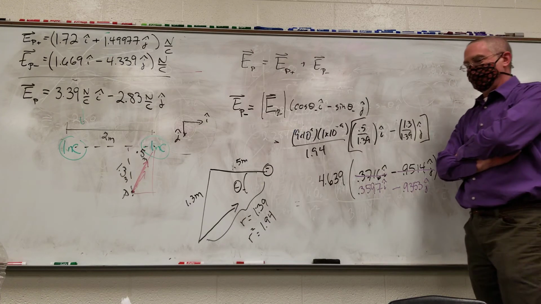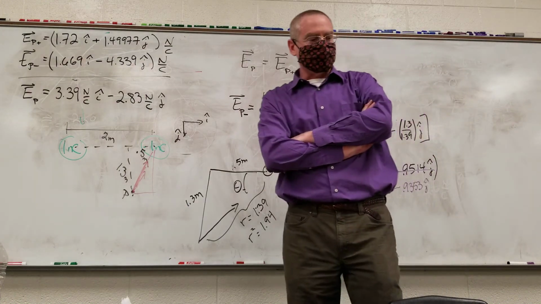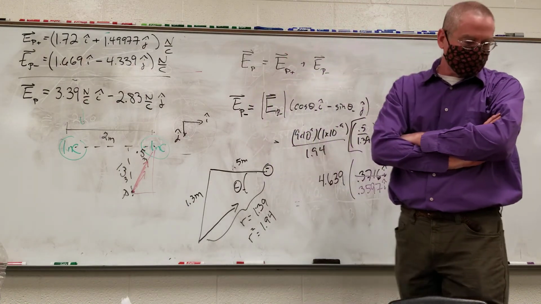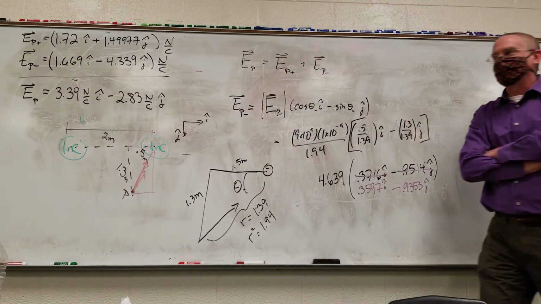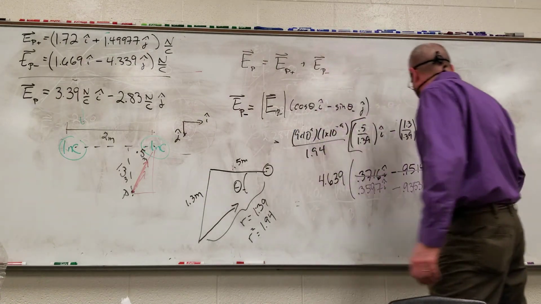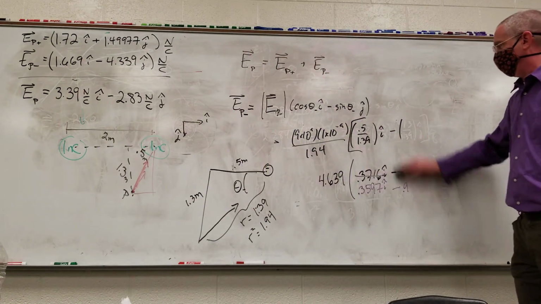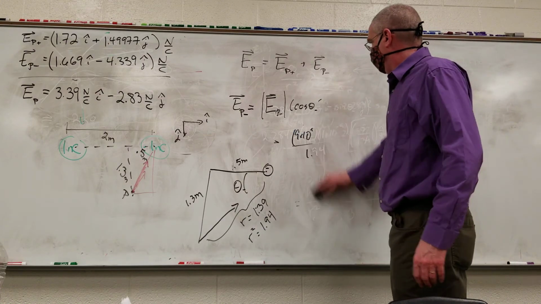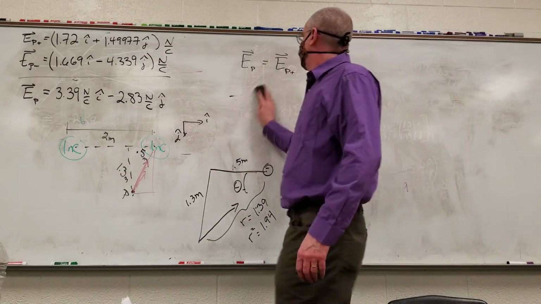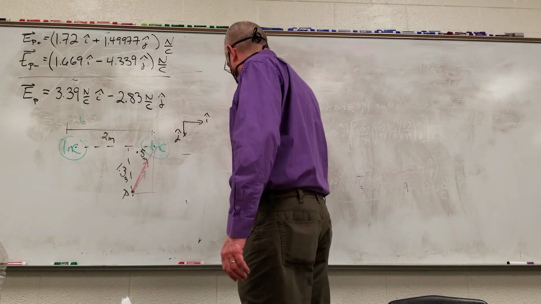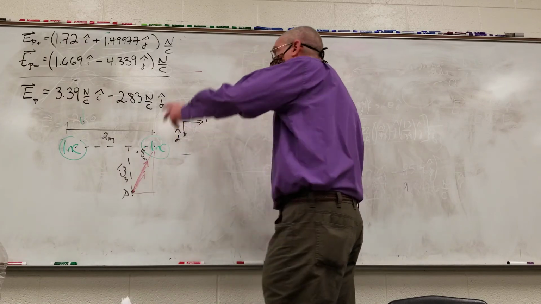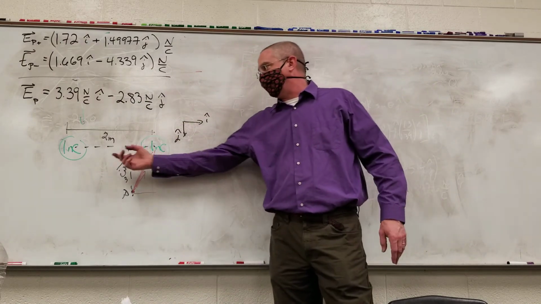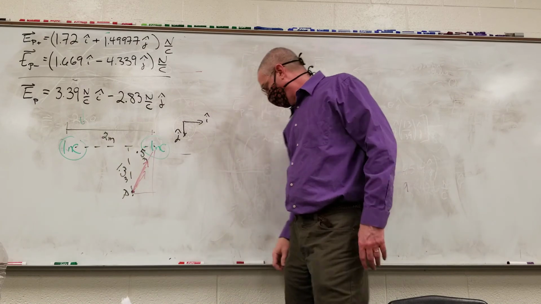No other questions at the moment? All right, so let's take a more conceptual look at it. That was just one specific case. In this particular case, I had two charges of equal magnitude, opposite signs.